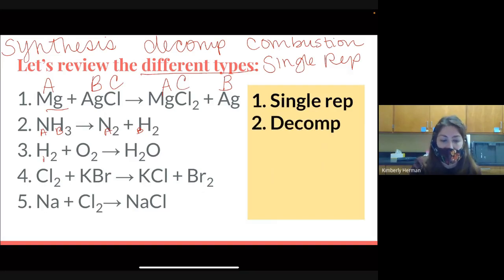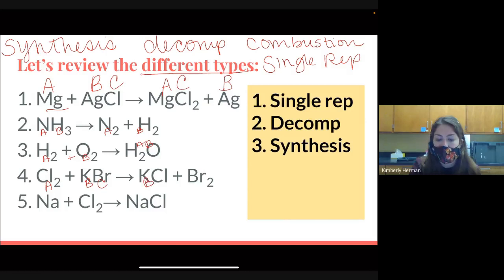Number three, we have our A plus our B now came together like a marriage, which is going to be synthesis. We have Cl2 is my A, K is my B, Br is my C. So now K, B, is with the A, and C is on its own. So that's going to be a single replacement.